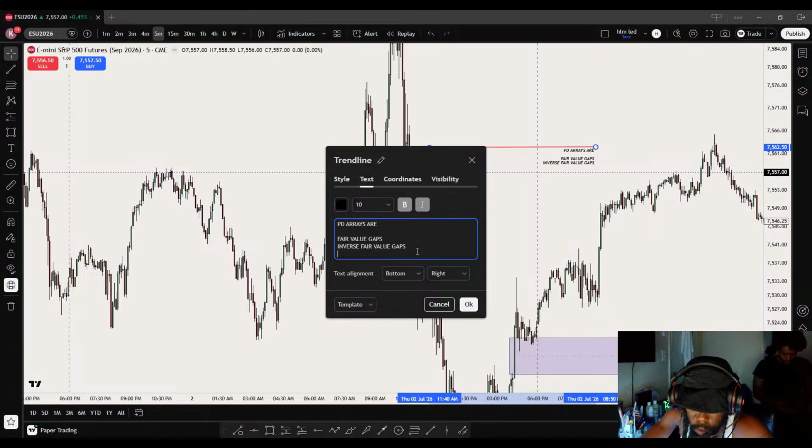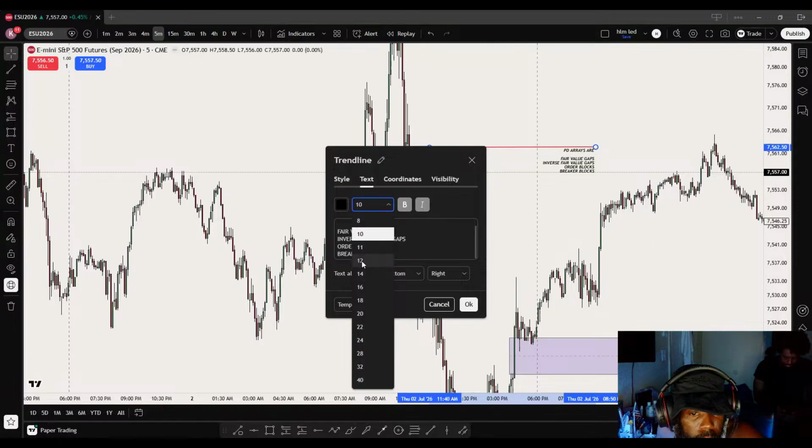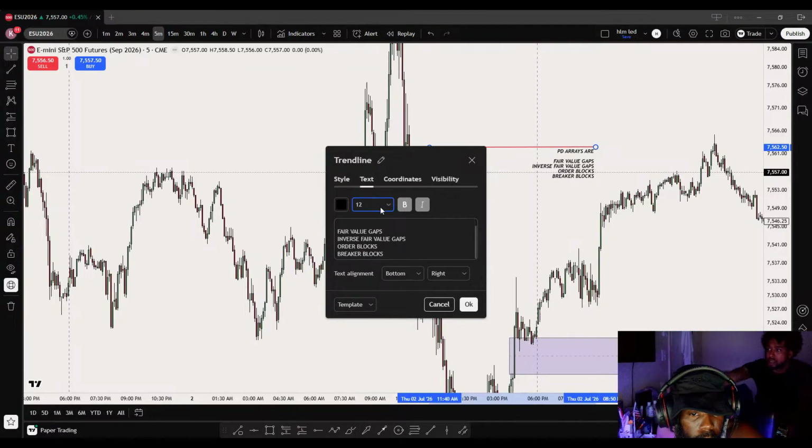fair value gaps, inverse fair value gaps, order blocks. Let's see, is there anything else? We'll make this a little bit bigger.